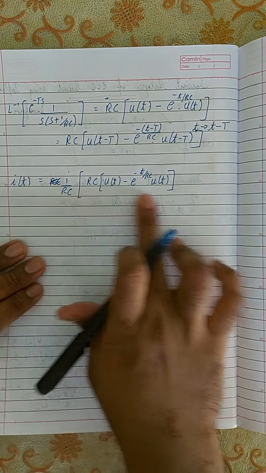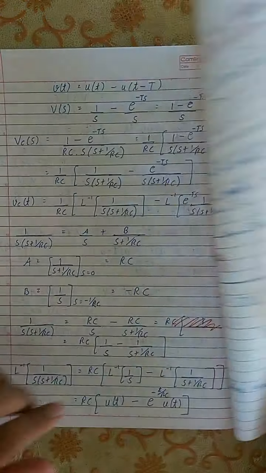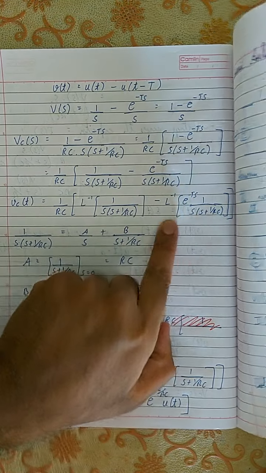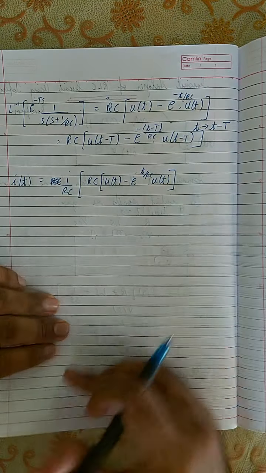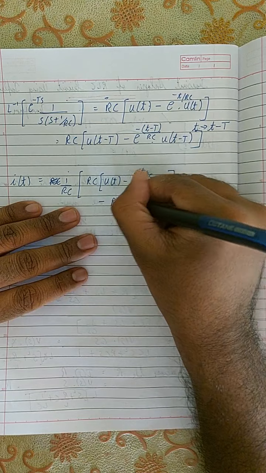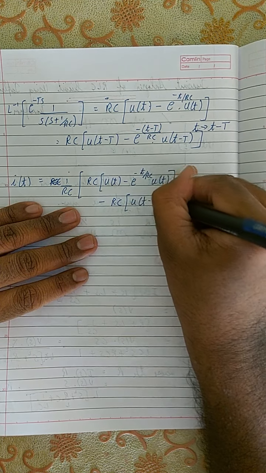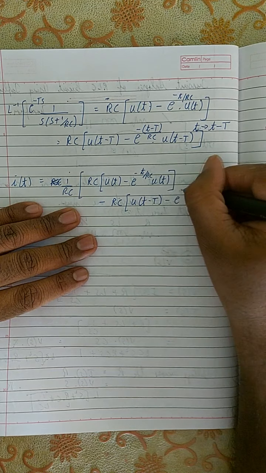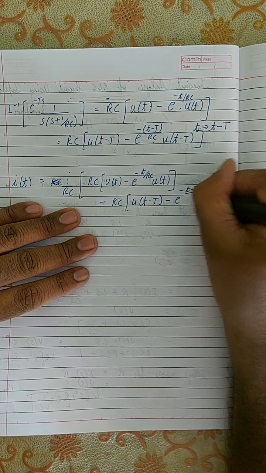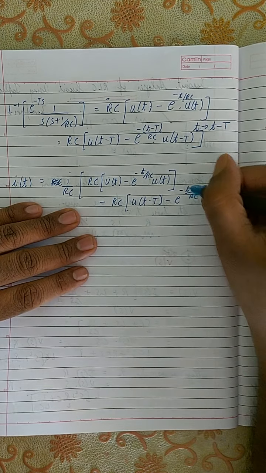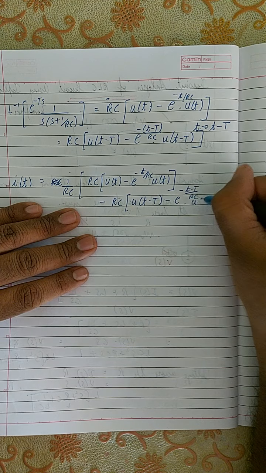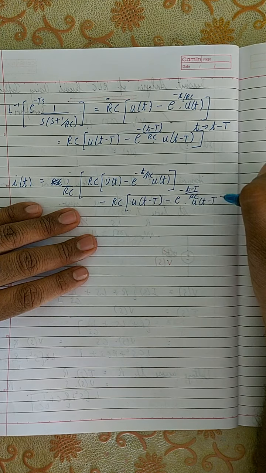This is the Laplace inverse of the first term minus the Laplace inverse of the second term. So therefore minus again RC into u of t minus T minus e raised to minus of t minus T by RC into u of t minus T.